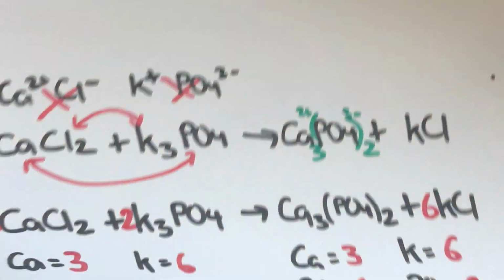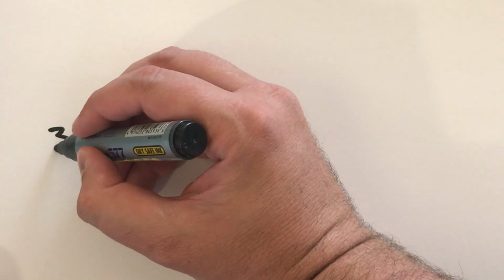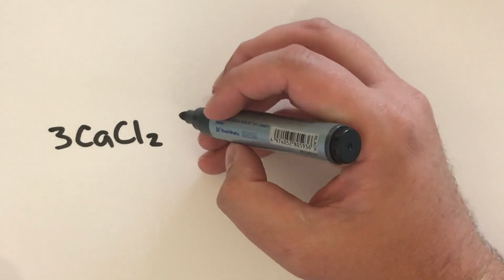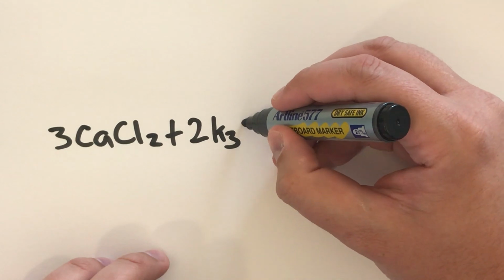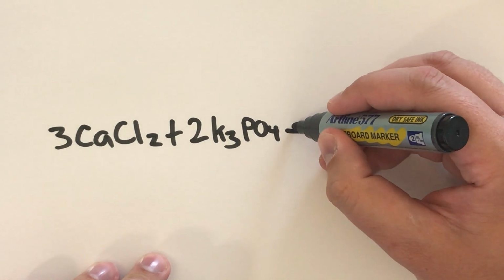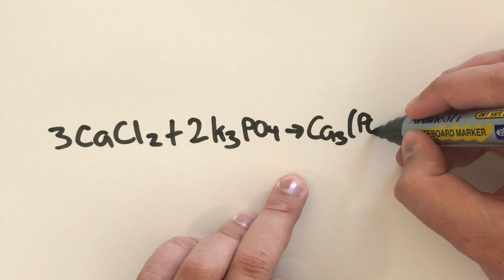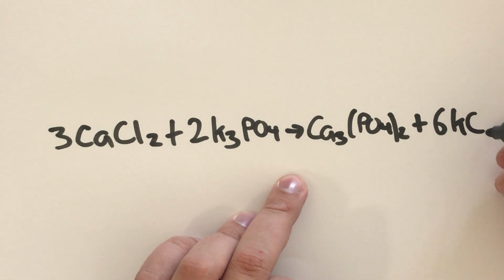So if I now get a new page here and rewrite that in a way that's going to make it a bit easier, we're going to have 3CaCl2 plus 2K3PO4 produces Ca3(PO4)2 and 6KCl.